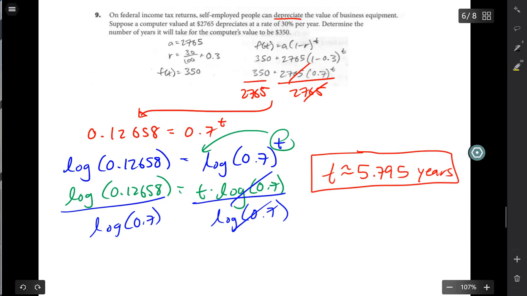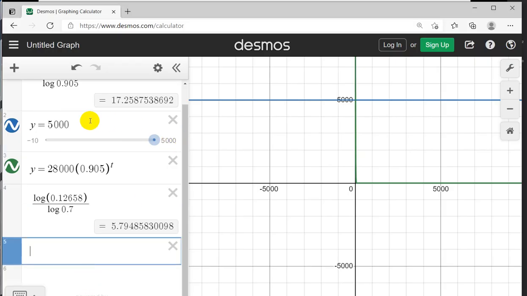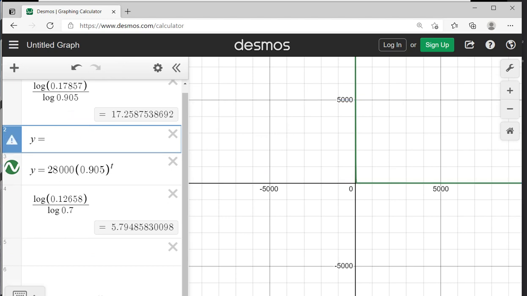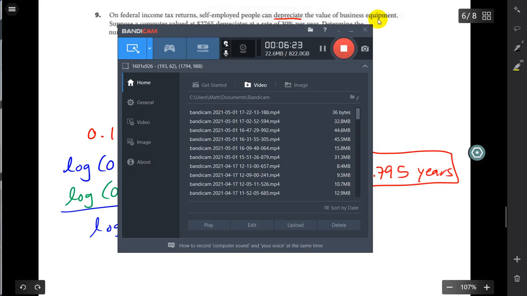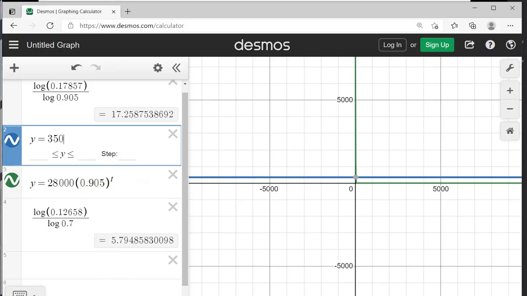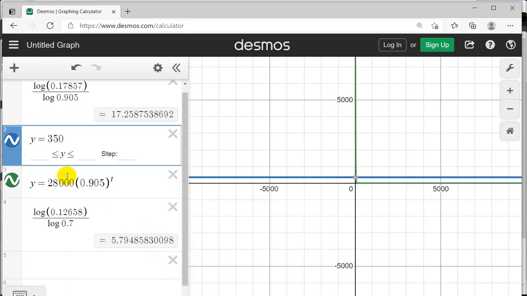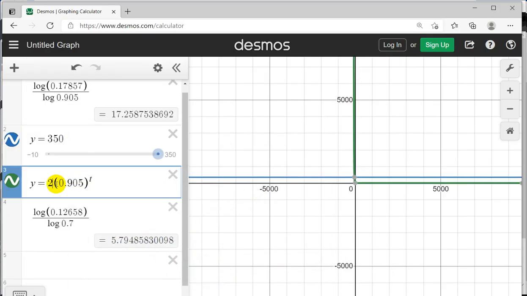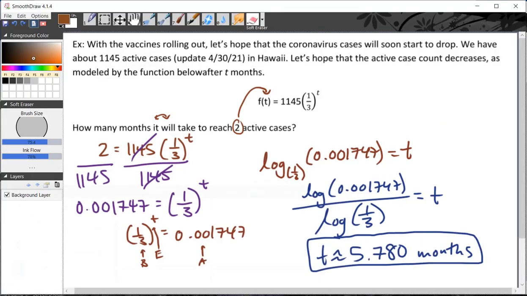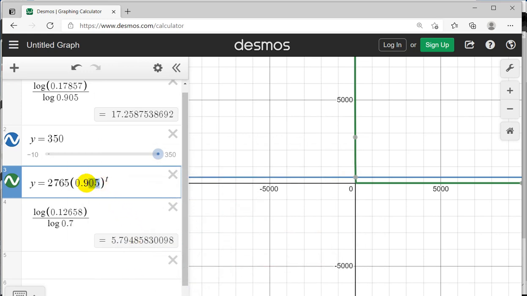Now, again, if you wanted to, you could go ahead and graph the left-hand side and the right-hand side, right? So if you graph y equals 350, and then the other side, we can graph 2,765 times 0.7 raised to the power t.